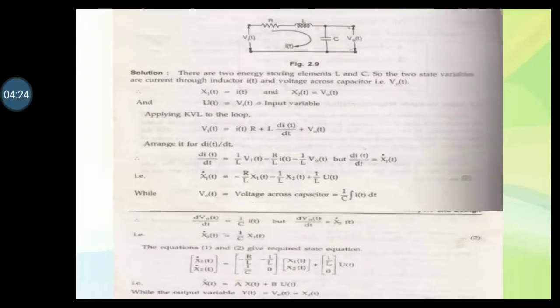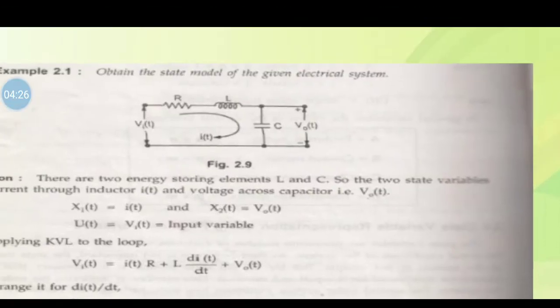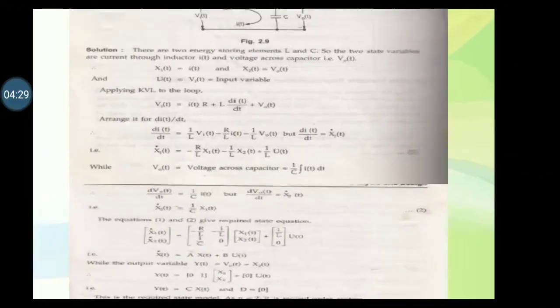But what is V naught of t taken as? x2 t. So dV naught of t by dt is equal to x2 dot t.